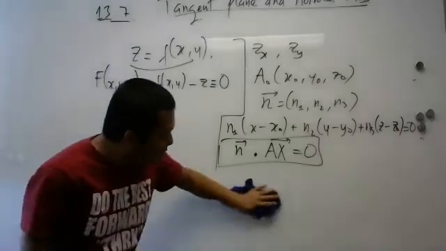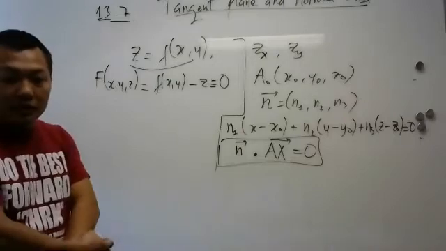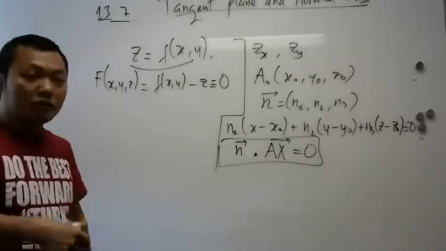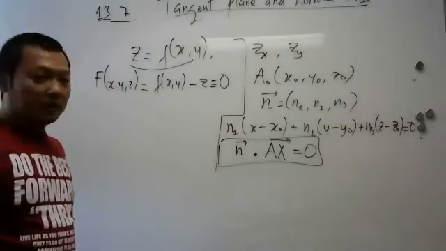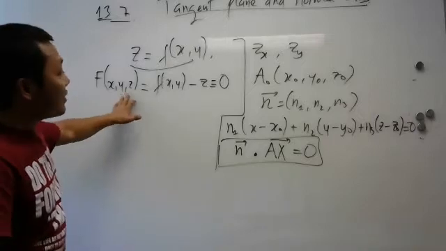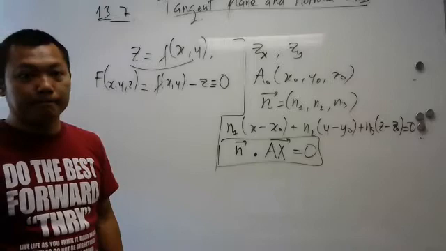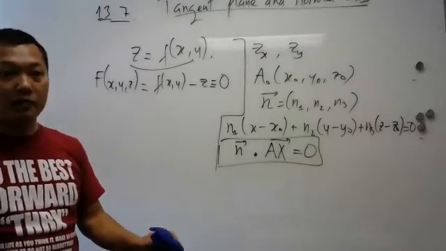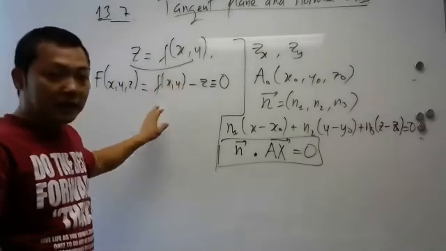For that we need to find the partial derivatives of this function with respect to x, with respect to y, with respect to z, and then we determine the normal vector. After that step, we will use this to write the equation of the tangent plane. Okay, that's the whole idea of how to find the tangent plane to a surface at a given point.